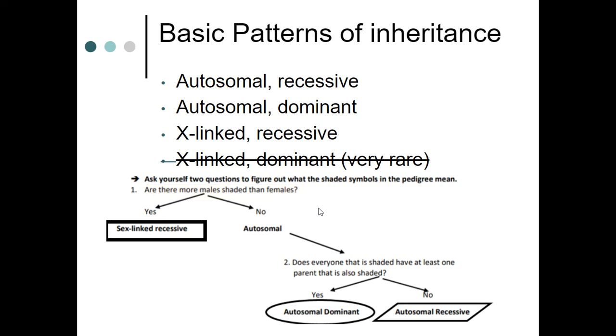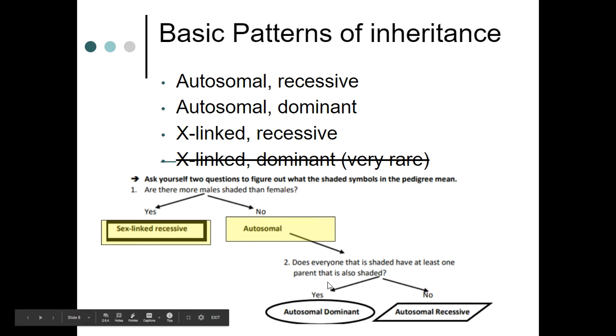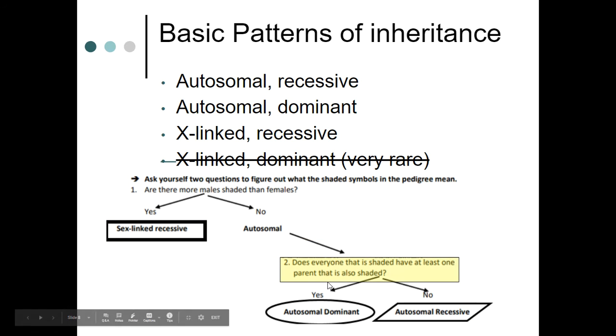The second question you're going to look at or ask yourself, depending on your answer, if it's yes, you're done. You know that it's sex-linked recessive. But if it's no, you know that it's autosomal, which means that it's not on the sex chromosomes, it's on chromosomes 1 through 22. And you have to ask yourself a second question. Does everyone that's shaded have at least one parent that's also shaded?